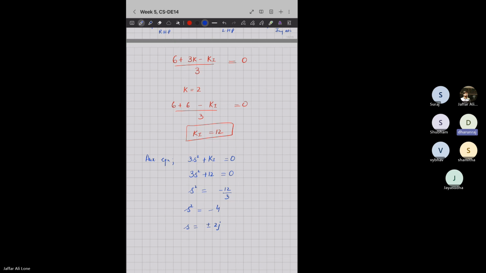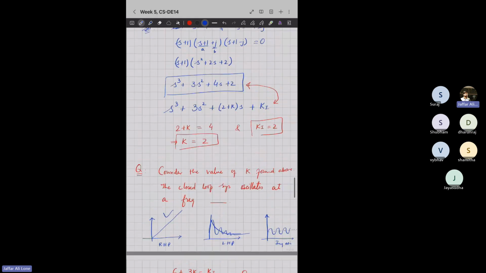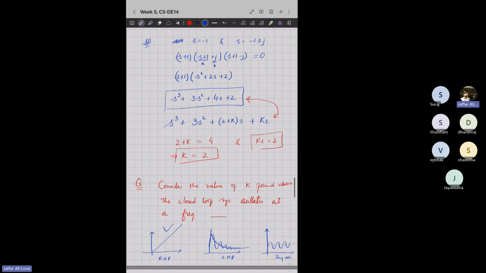Ki is 2, but the question is not saying that. The question is saying consider the value of K, not Ki. So we have to consider K equal to 2, and it is given the system oscillates at a frequency.